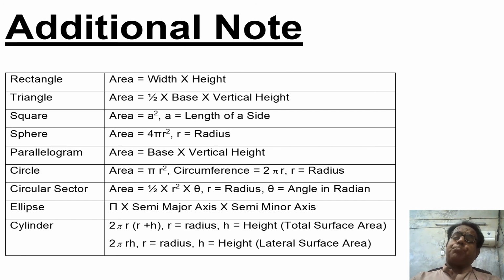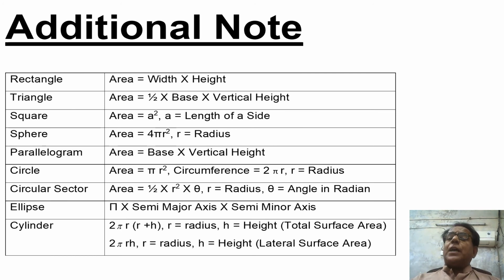Cylinder. Dear students, in case of cylinder there are two formulas. First is 2 pi r into r plus h, where r is radius and h is height. This is the formula for total surface area of a cylinder. Second formula is 2 pi r h, where r is radius and h is height.